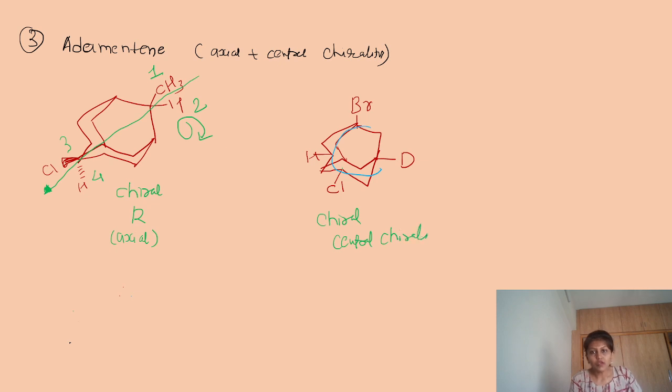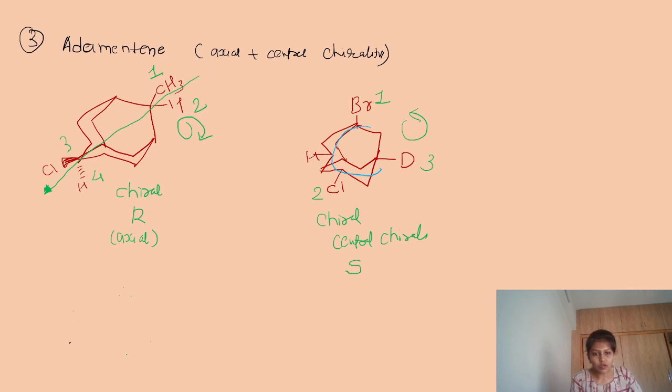So first of all you have to tell 1, 2, 3. Bromine has first priority, chlorine has second priority, and deuterium has third priority. So 1, 2, 3, that is how it has its configuration. The condition is that the fourth group must be below the plane.